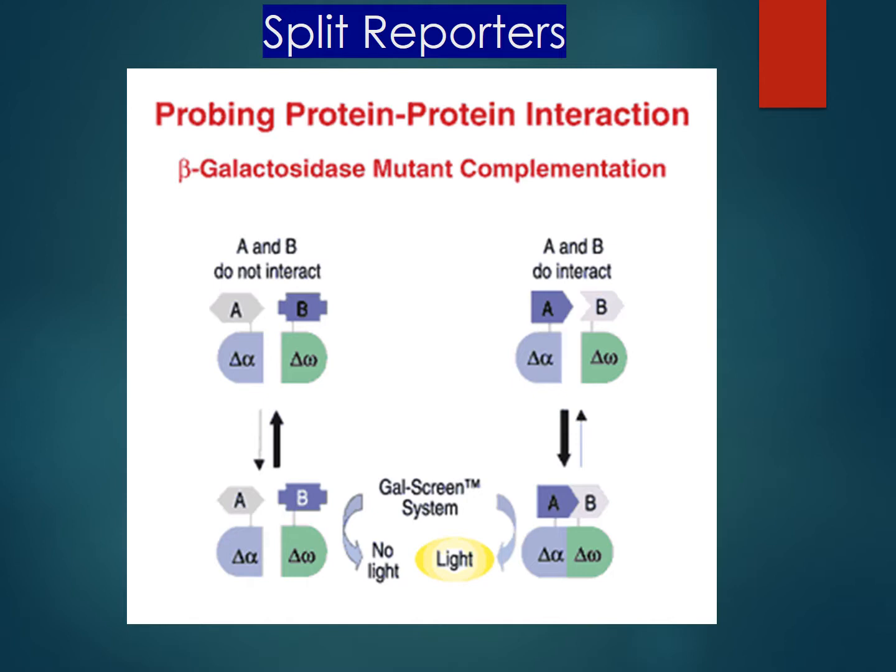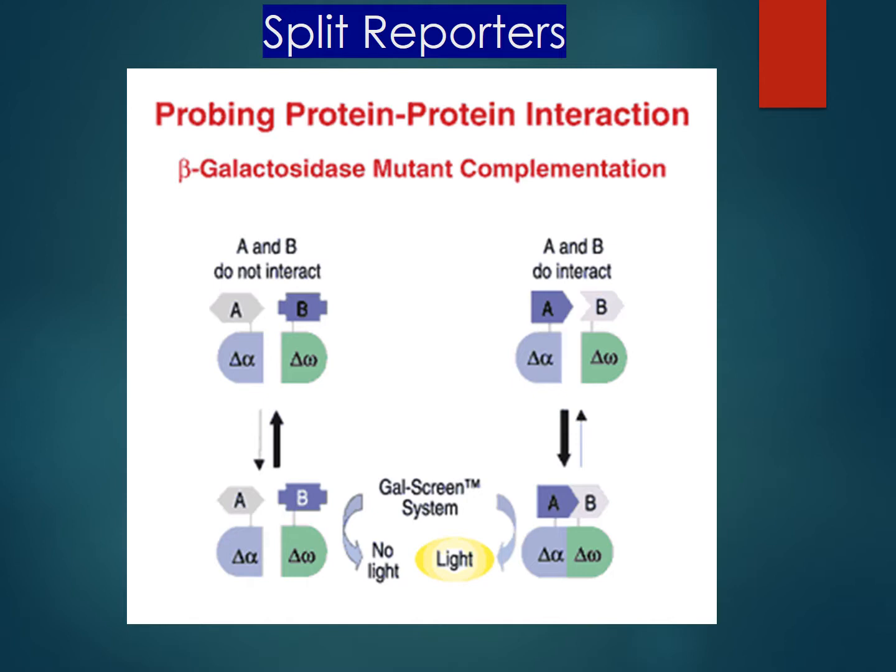Notice there's no synergy, no interaction. And so you end up with no functional enzyme. And so when you add a substrate here, there's no enzyme to chop the substrate up, and there's no light. So no light there, no light. So this is a negative reaction.